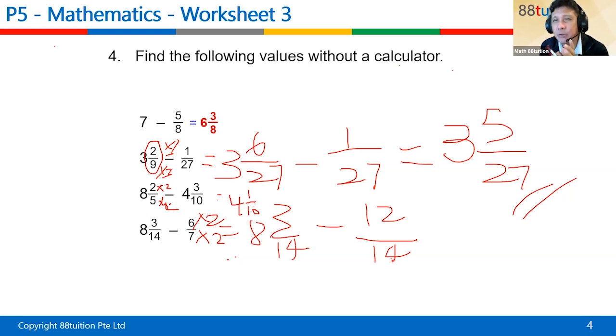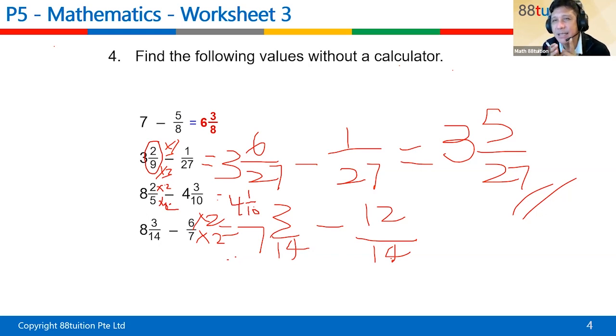So your 8 whole, you leave 7 whole as it is. Then one of the wholes changes to 14 out of 14, and then you can add it to your 3 out of 14. What will that become? Okay, the 8 whole changes to a 7 whole. That means you free up 1 whole to change into 14 out of 14. 14 out of 14, you can add to the 3 out of 14.